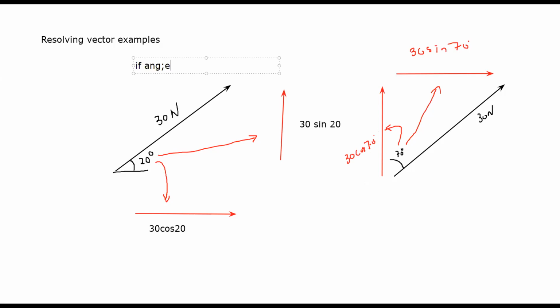If the angle with the x-axis is given, then the horizontal is F cos theta, and the vertical is F sin theta.